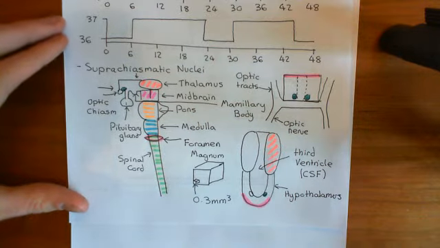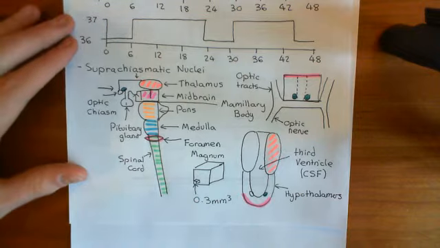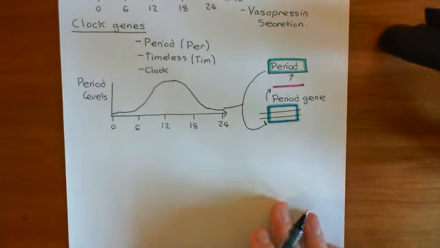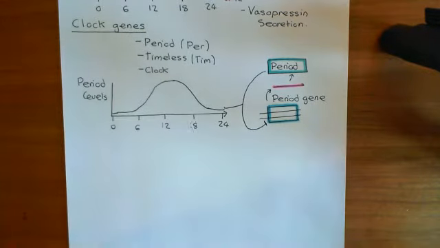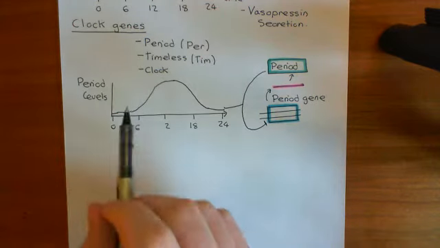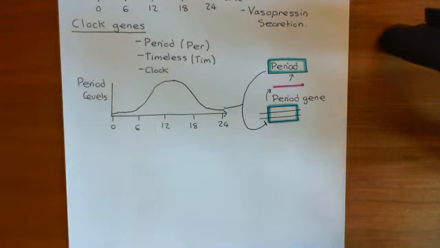Now, there is one question that remains, however, which is, we need the activity of the suprachiasmatic nuclei to be perfectly in time with the day-night cycle. So we've now agreed that we have this internal clock, which has its activity fluctuating on a 24-hour cycle.